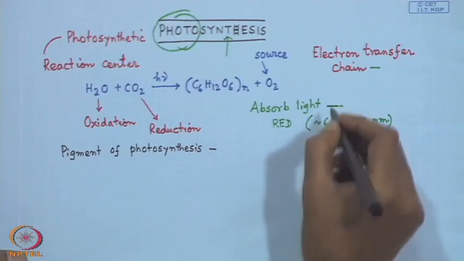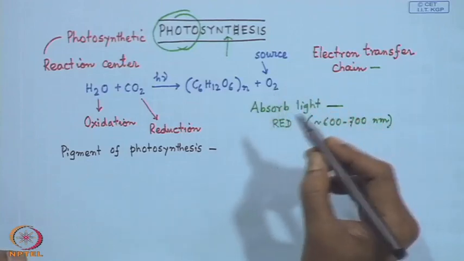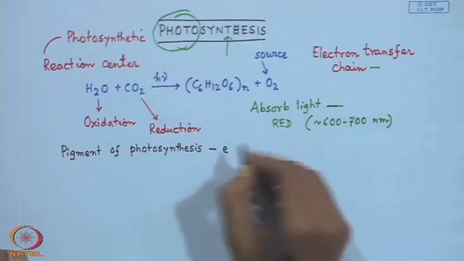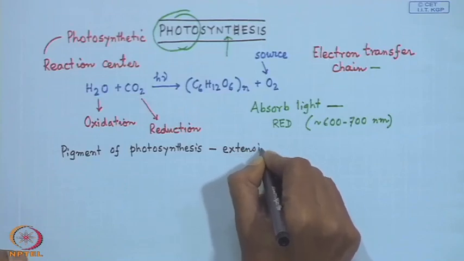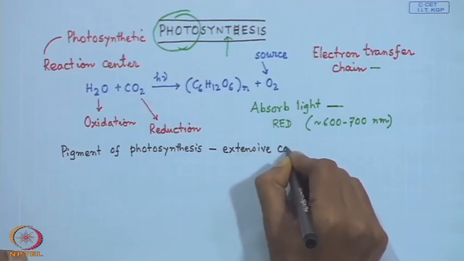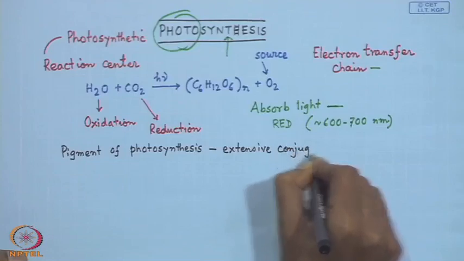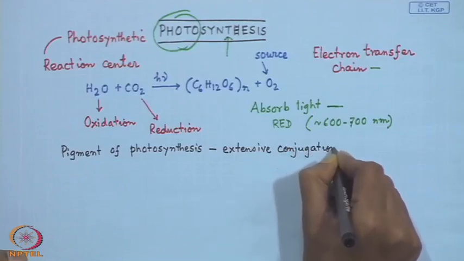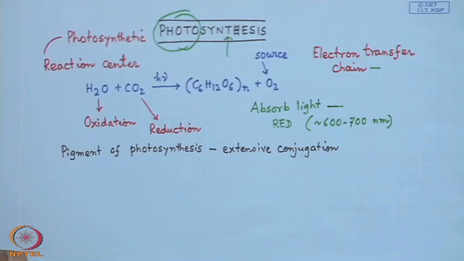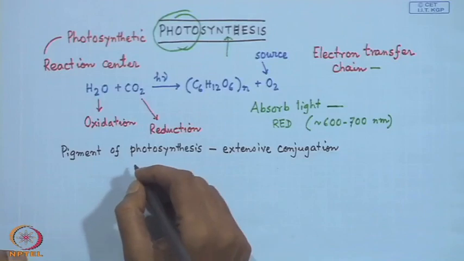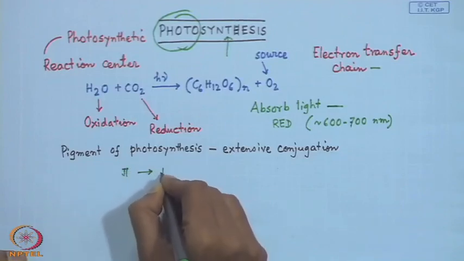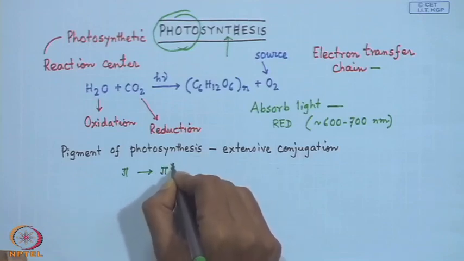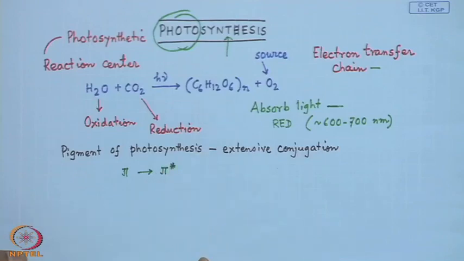which is responsible for this absorption of light, and there is some extensive conjugation there. That extensive conjugation tells us about the well known transition that we encounter every time we have a pi electron cloud or pi electron density.